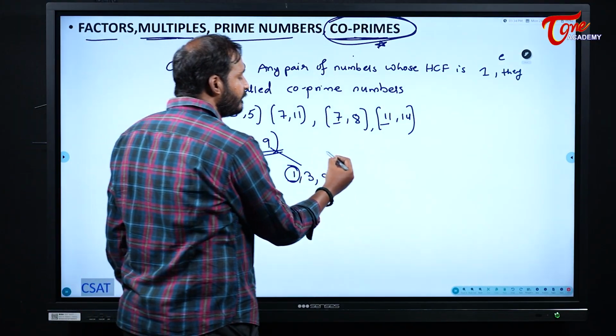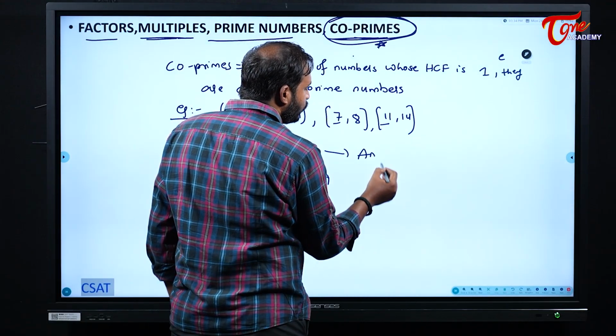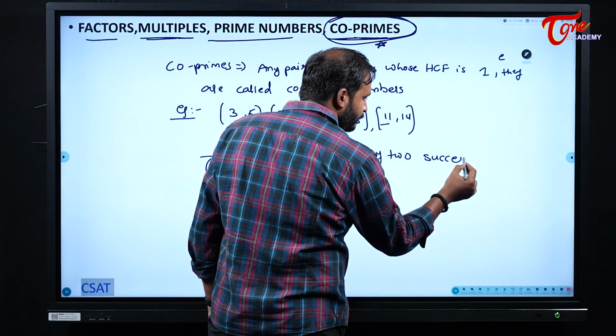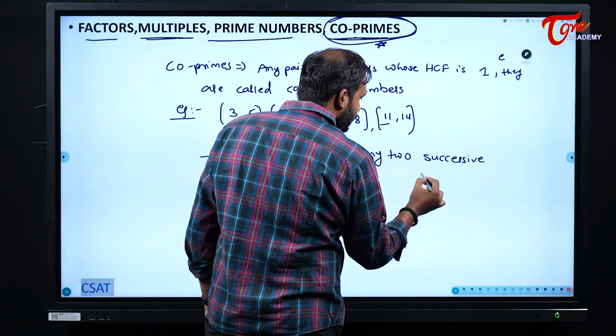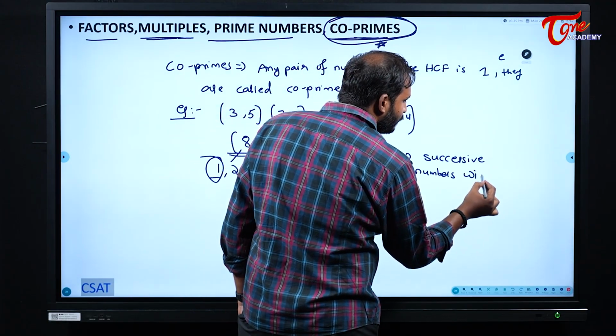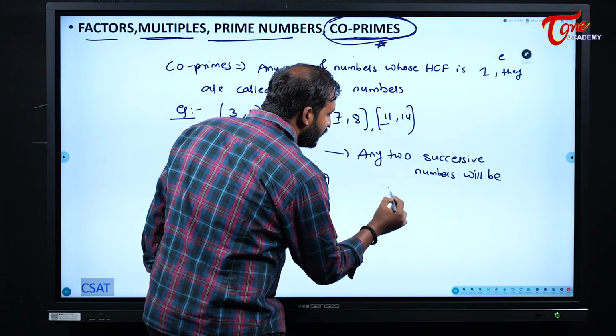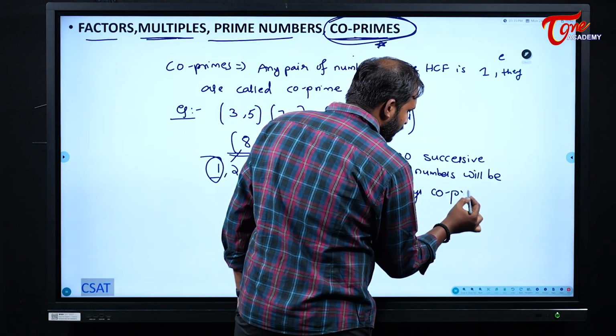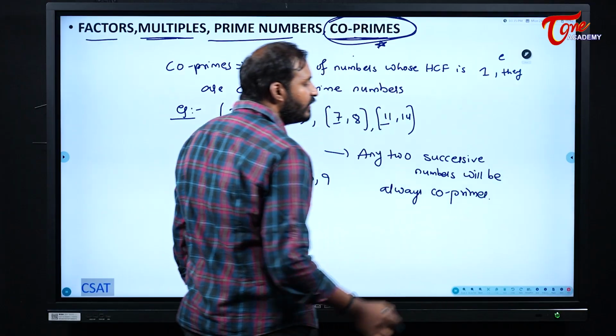And remember one thing, any two successive numbers will always be co-primes. Take any two successive numbers, they will always be co-prime numbers.